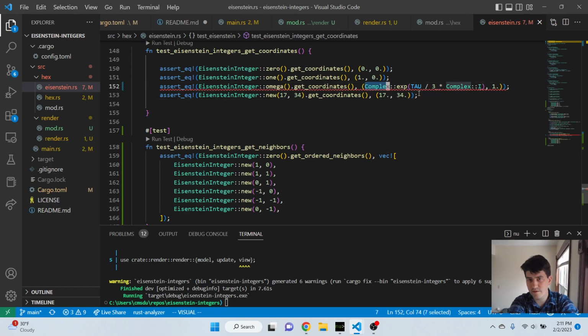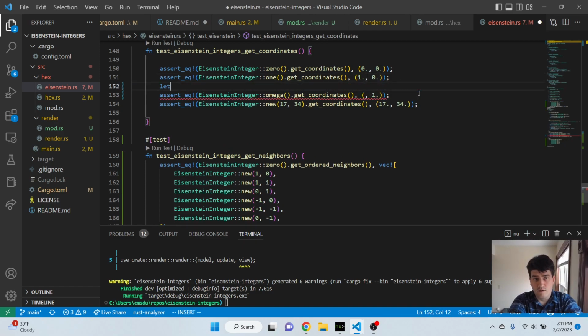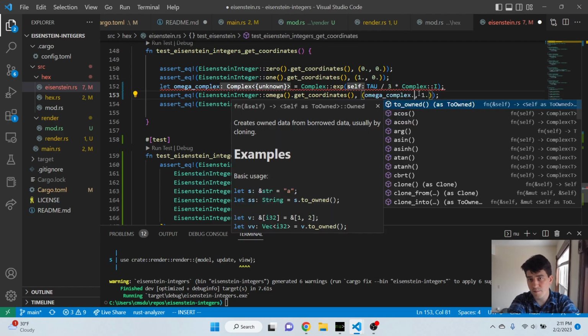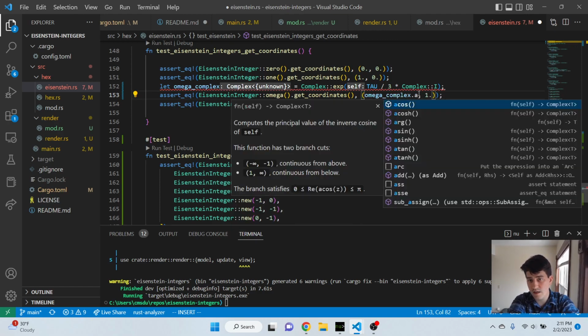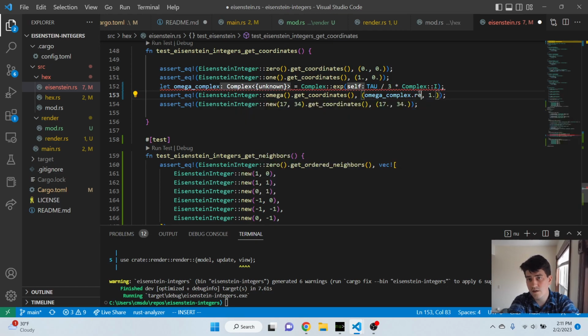So let's call this, let omega complex be this, and then omega complex dot real, omega complex dot imaginary is what we want.